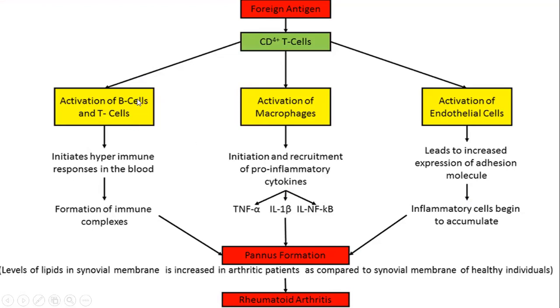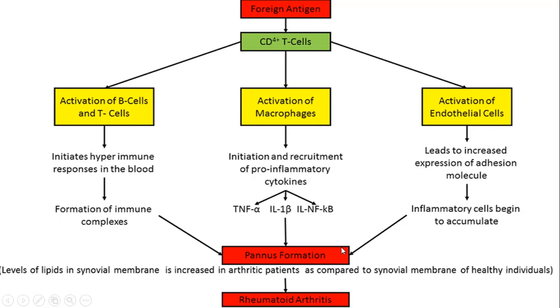When your B cells and T cells are activated, the B cells release antibodies and T cells release cytokines, initiating a hyperimmune response leading to formation of immune complexes. When macrophages are activated, they release pro-inflammatory cytokines, and endothelial cells, when activated, lead to the expression of adhesion molecules causing inflammation to happen.